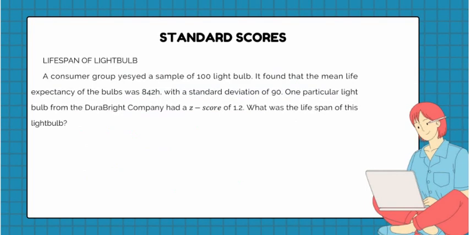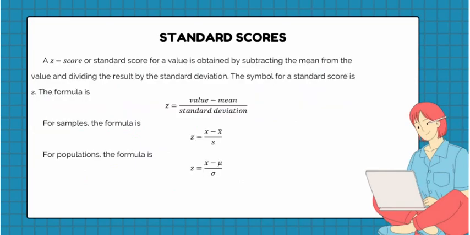Also, since we're already in standard score, I would like you to take note that when we're dealing with standard score, if your standard score is 0, that means the score there is just the same as the mean. If your z is 0.